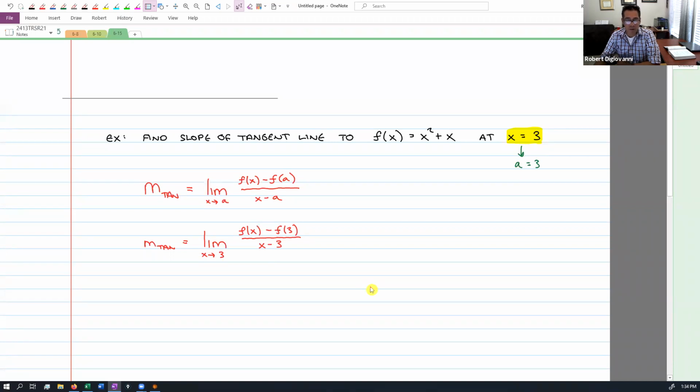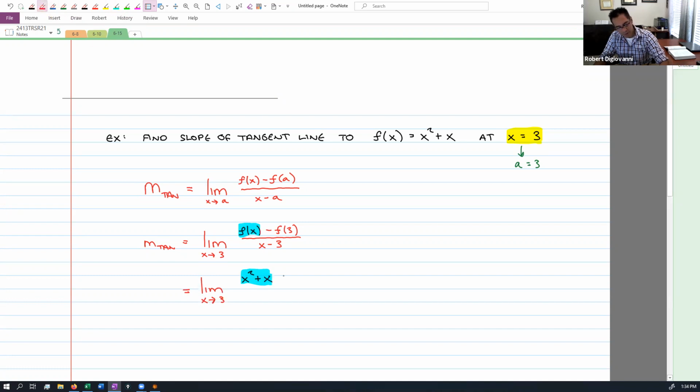And now we need to plug in and figure out what these things are. Let's start with f of x. Do we know what f of x is? It's x squared plus x.